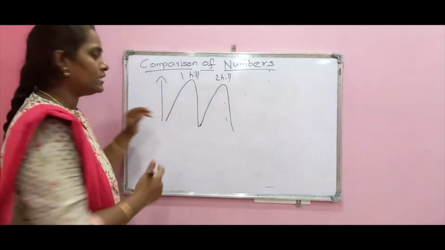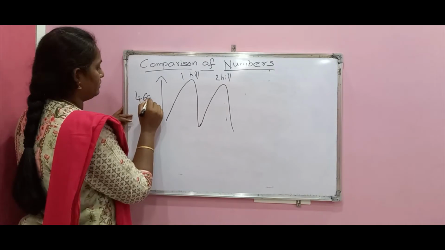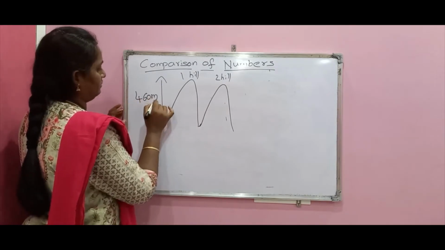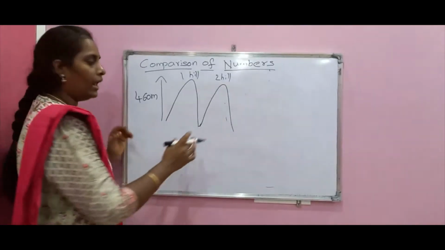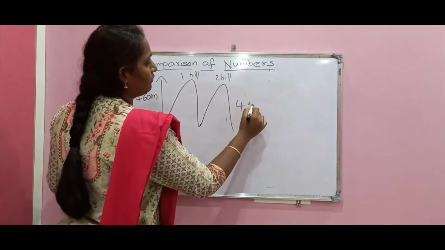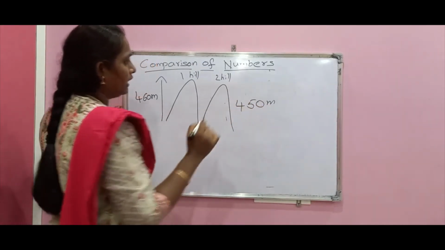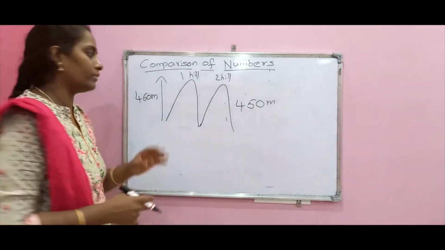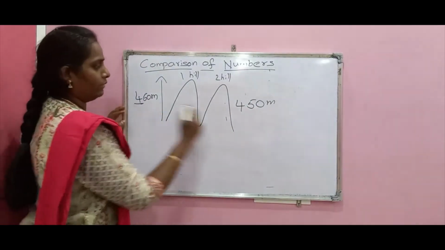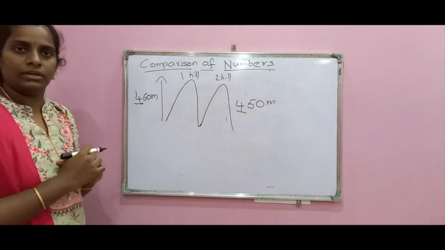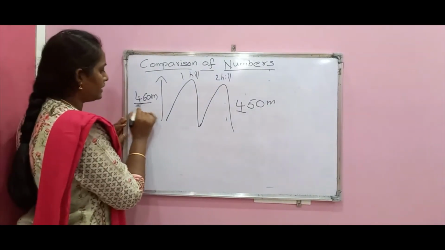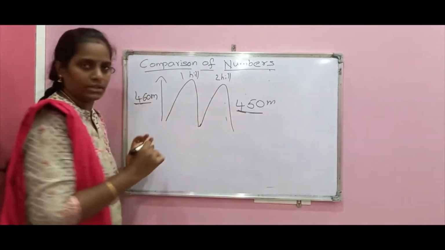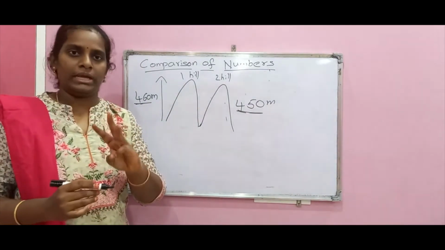This hill's height is 460 meters, and this hill's height is 450 meters. It means, which is the highest hill here? Compare. Here there are 3 digits, and here also 3 digits. So both have the same number of digits.